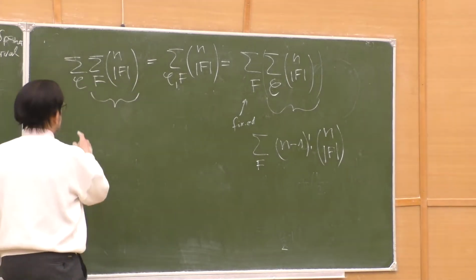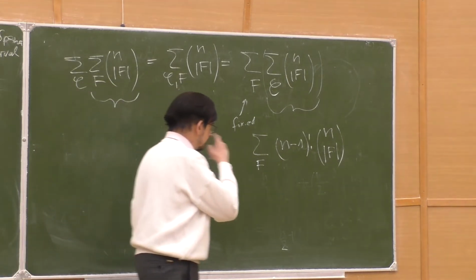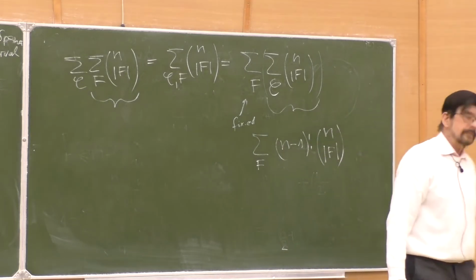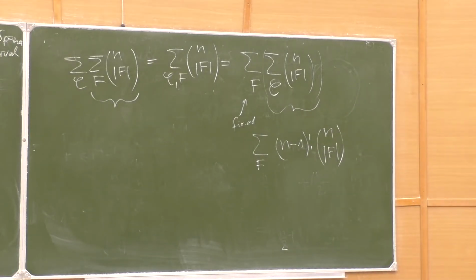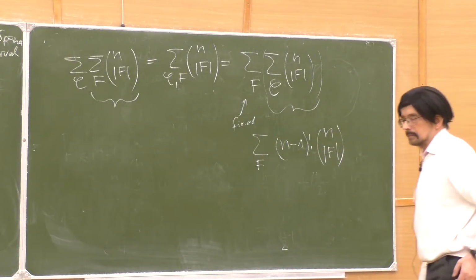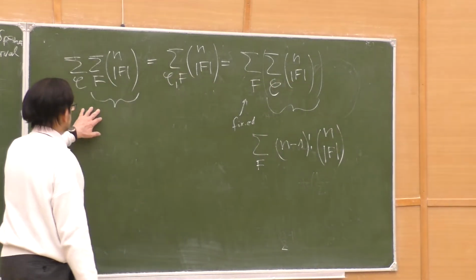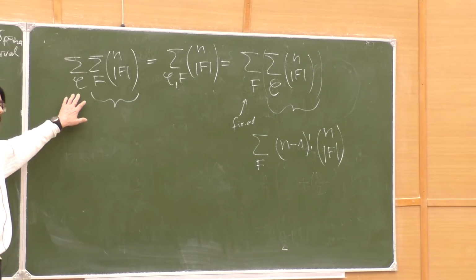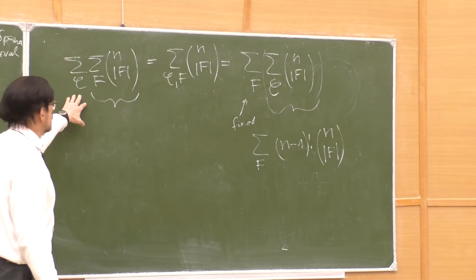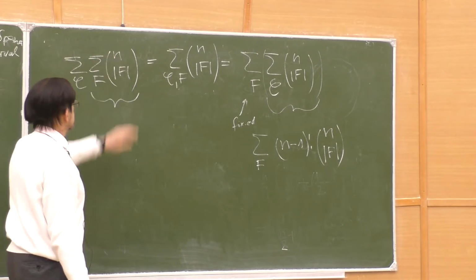And so what happens if we take this one? So now C is fixed. Then we have this sum.